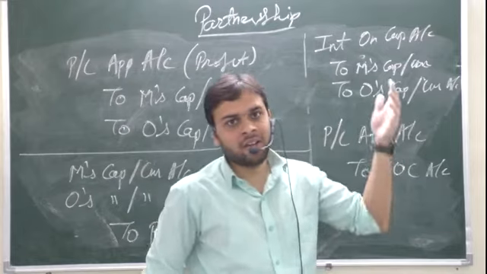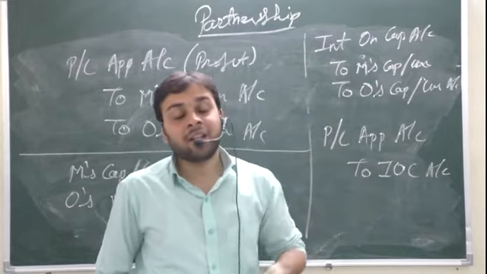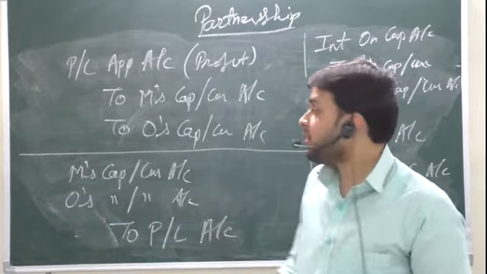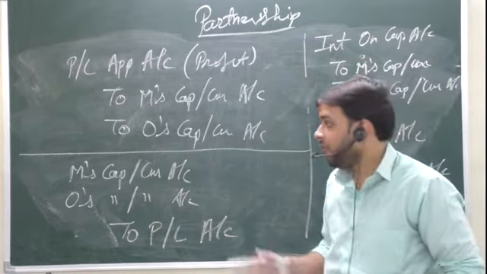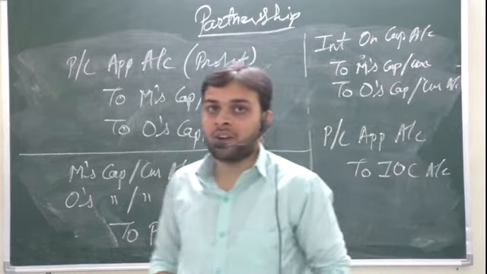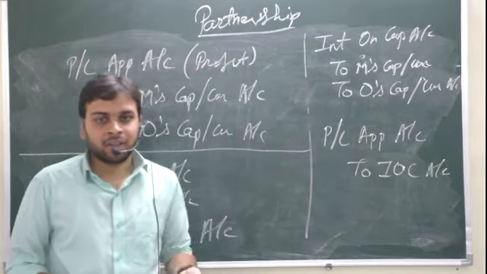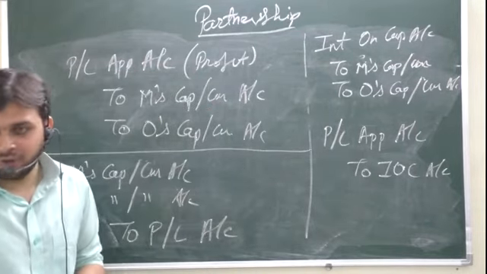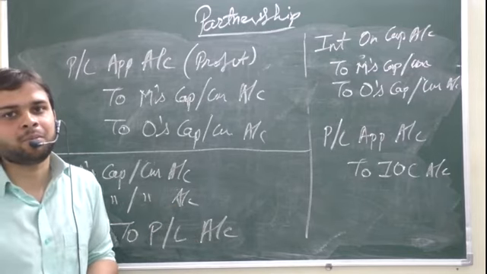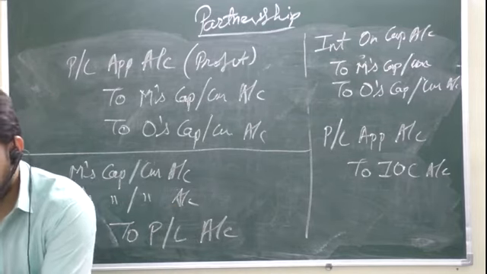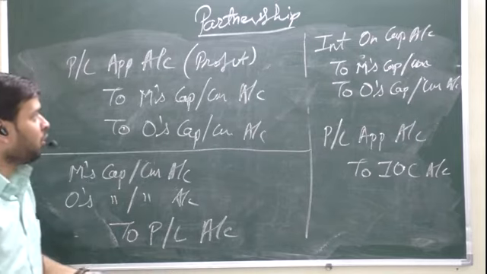The first entry is interest on capital, then salary, then commission, then interest on drawing, then distribution of profit and distribution of losses. Now we are moving further to the ledger portion, that is the profit and loss appropriation account.